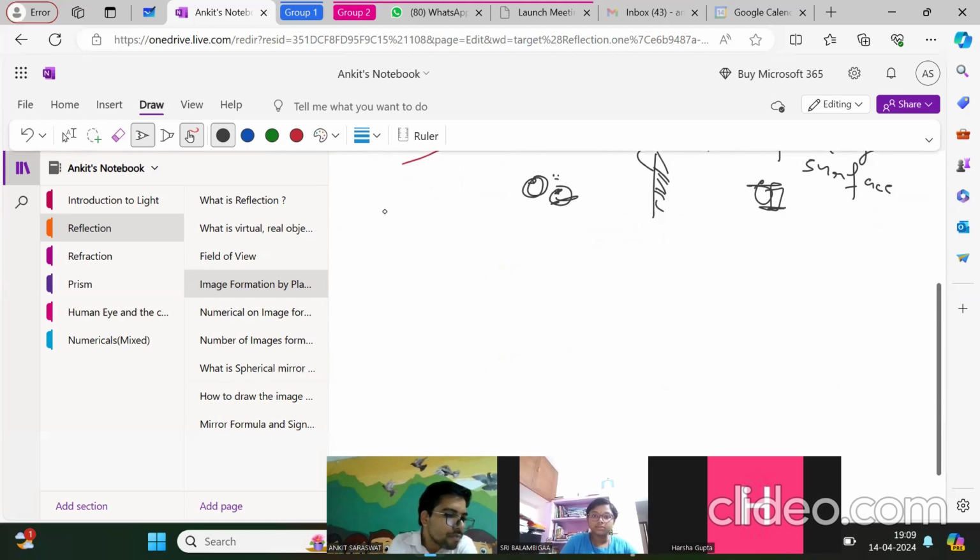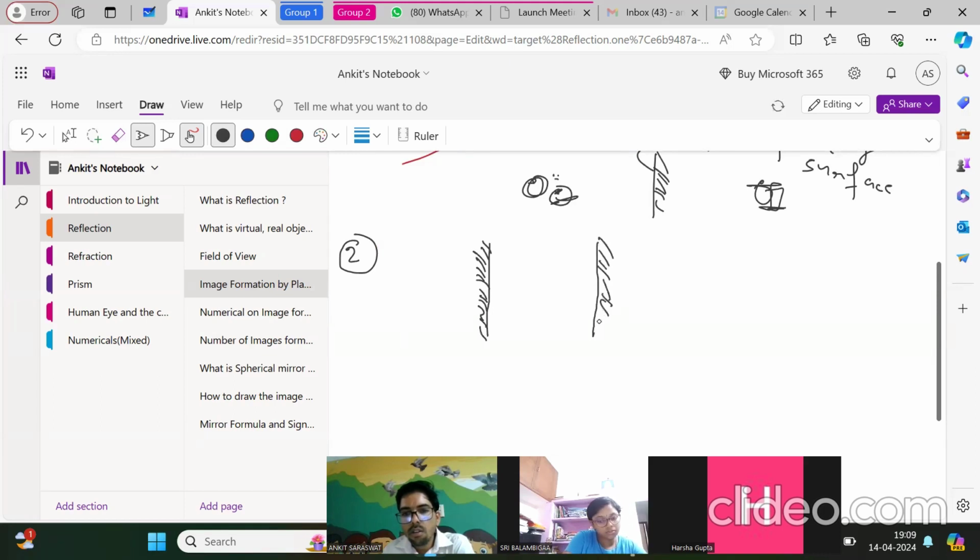Write down. Second question. If two mirrors are like this, if I place two mirrors like this, and this is the object, how many images will be formed?